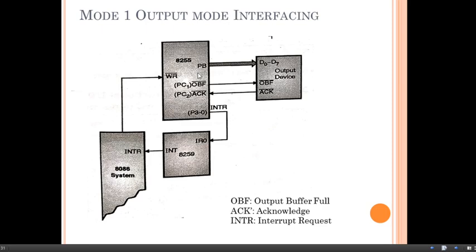If port A is used as an output port, PC3, PC6 and PC7 are used from port C, and if port B is used as an output port, PC0, PC1 and PC2 from port C are used for the handshake purpose.